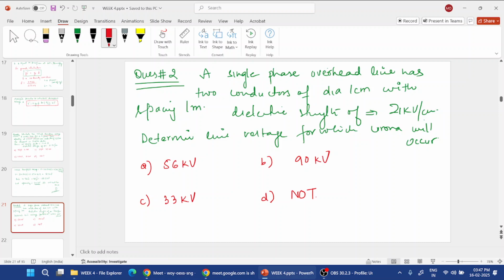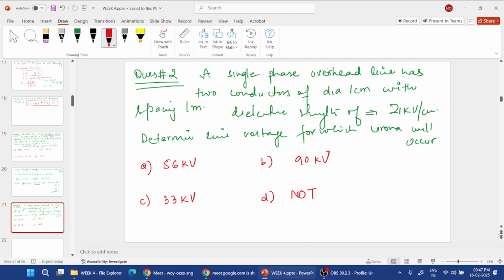So you will calculate the critical disruptive voltage, and we have to give the line voltage. So that critical disruptive voltage will already become the voltage at which corona occurs. I have approximated to 56 just for ease. Otherwise, the answer is 55.36, sorry.